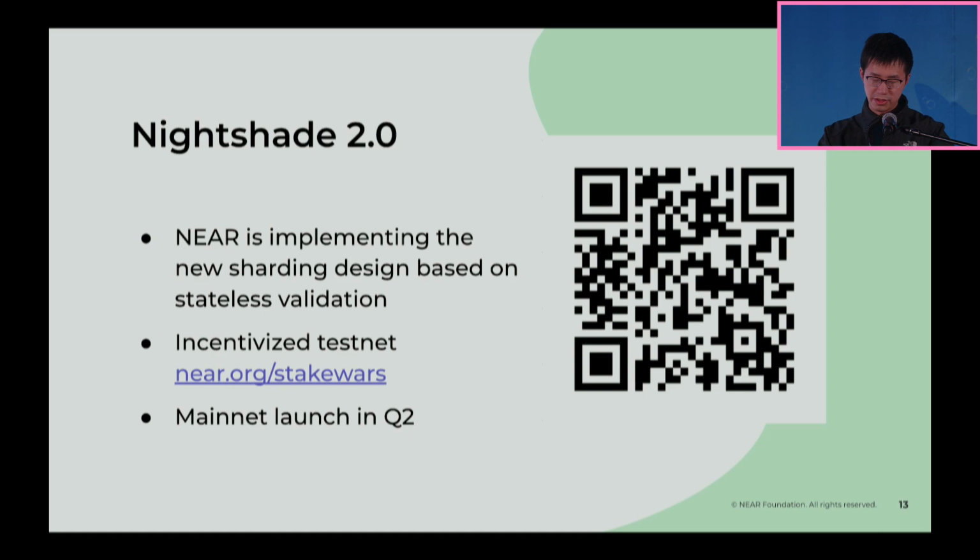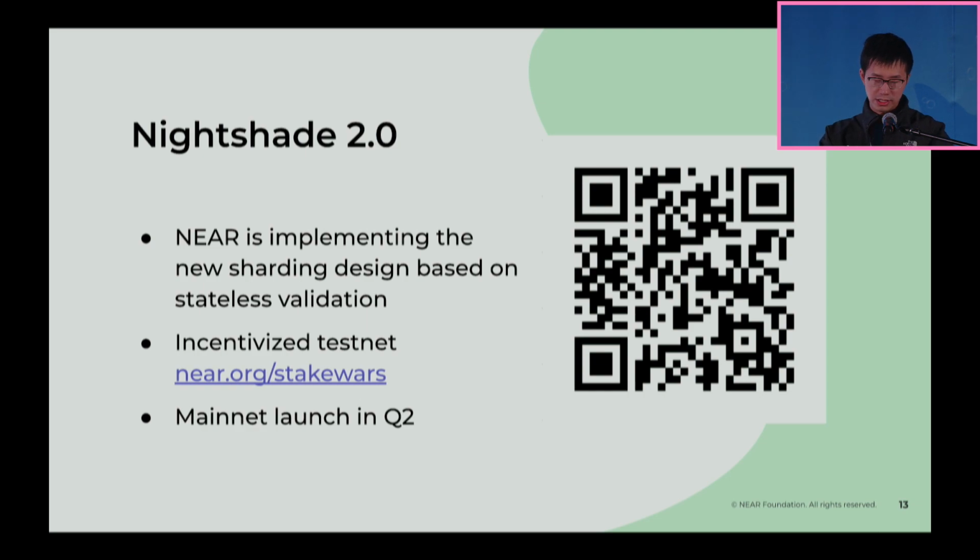If you're interested in learning more, you can find it at near.org/stakewars. You can also scan this QR code to learn more about the technical details of the design. It links to the updated white paper that covers all the details of how it works at a much deeper level.